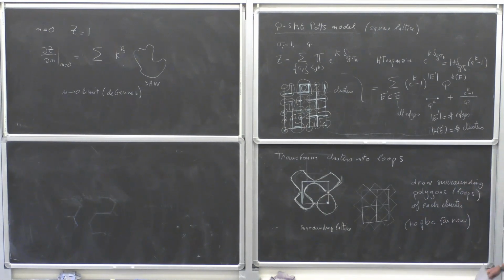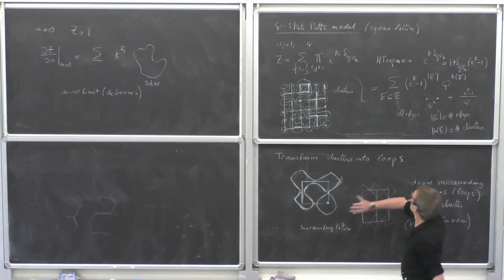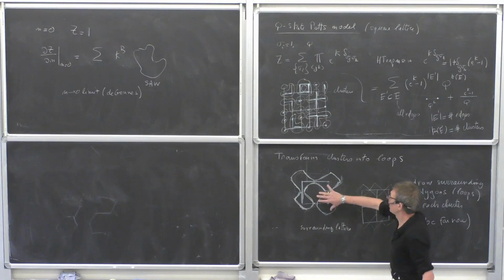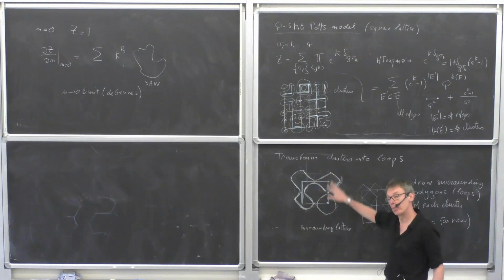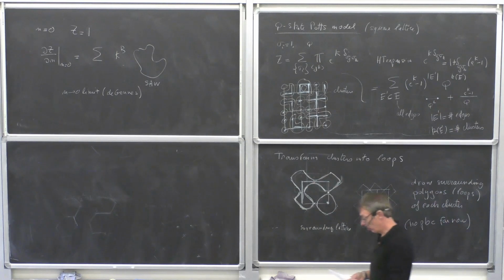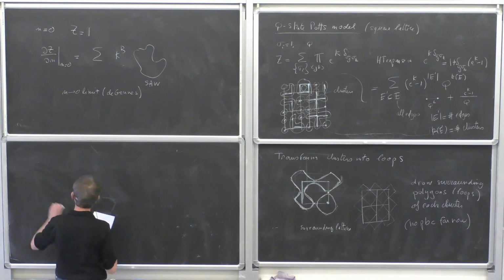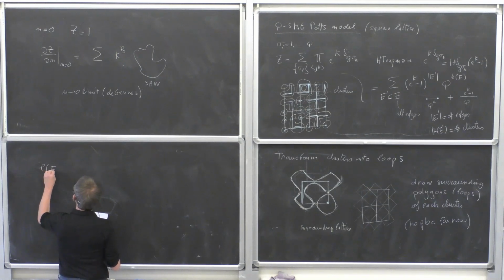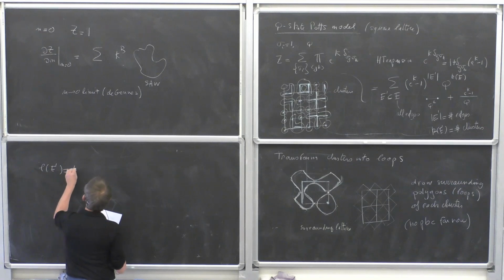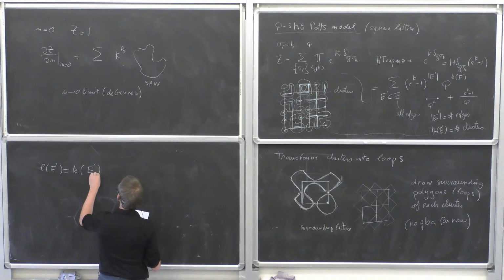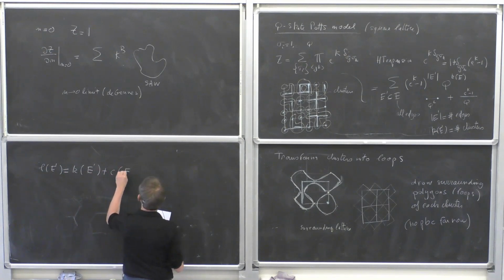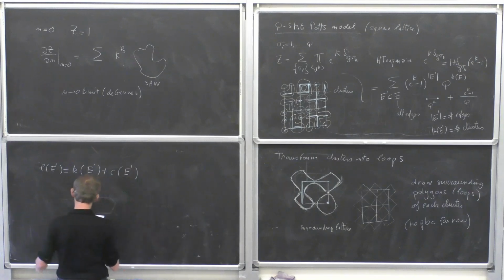So again, I have my expansion, and I have a one-to-one correspondence between this expansion and the diagram, the polygon decompositions. And now I need to do a bit of geometry. So there are two relationships that I need to use. One I will call L of E prime is K of E prime plus C of E prime. So what does this mean?